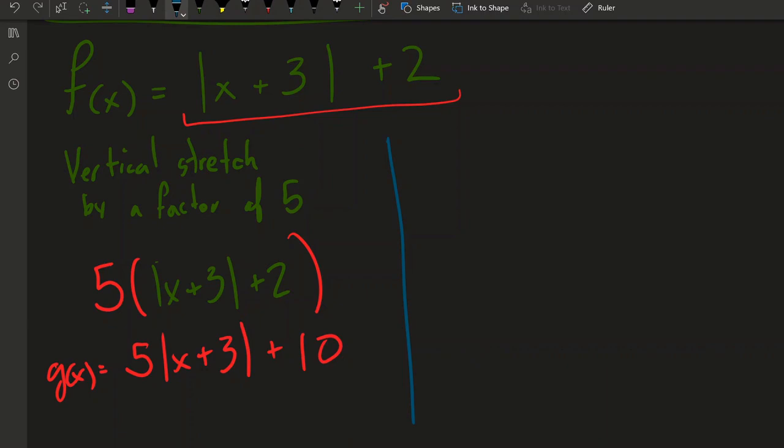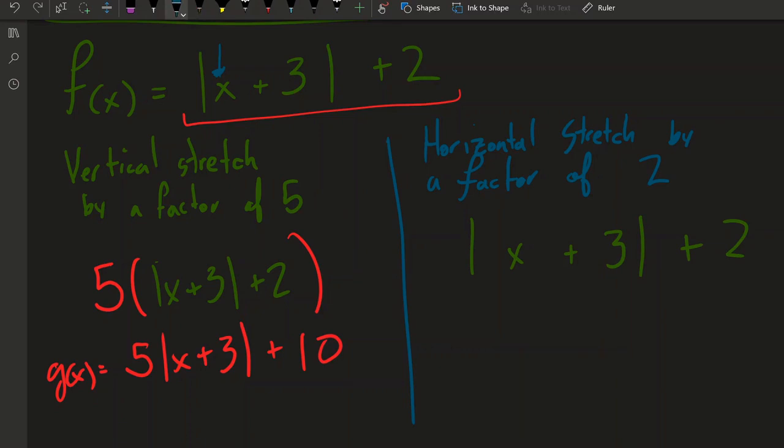Now, if I wanted to do a horizontal stretch by a factor of 2, that means that I now need to multiply just the input. The input is the x right there. So I'm going to have absolute value of x plus 3 plus 2.